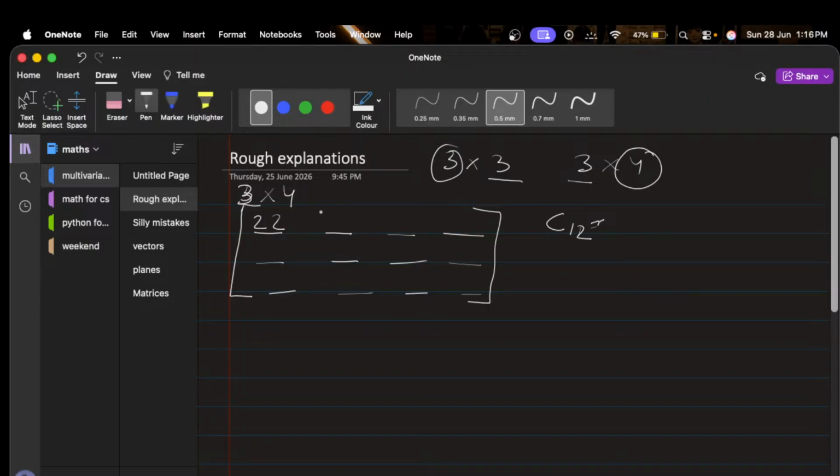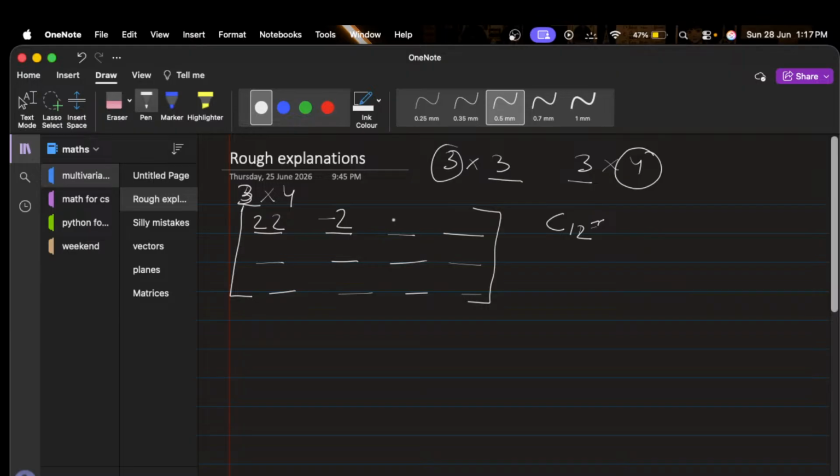C12 means the first row of this matrix and the second column of this. So C12 would be equal to minus 6, 0, 4, so it would be minus 2.